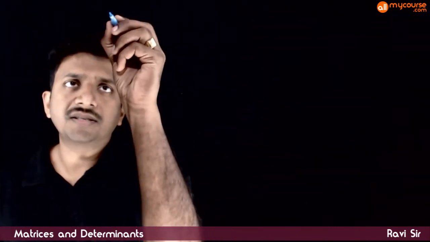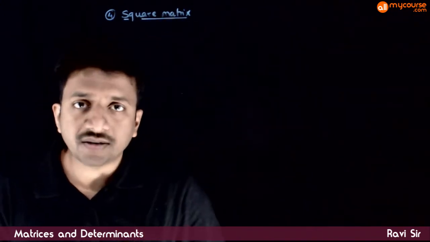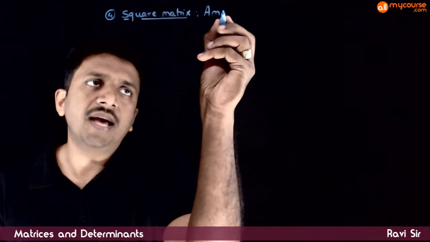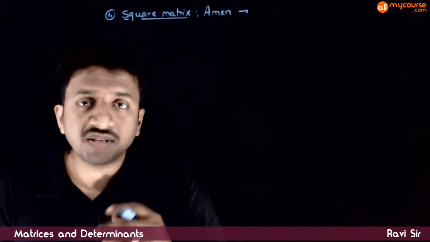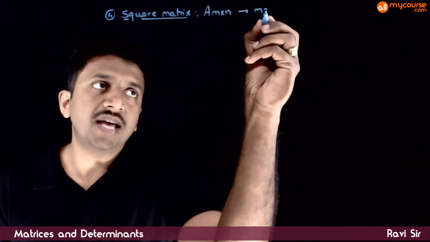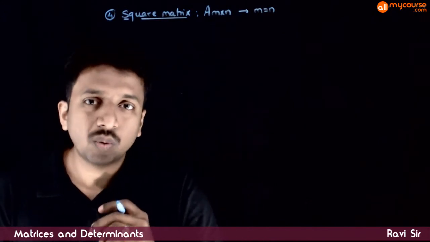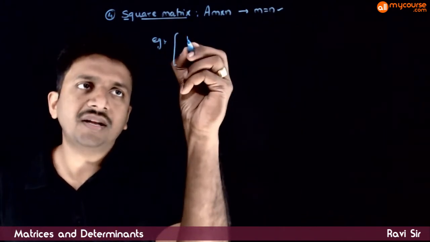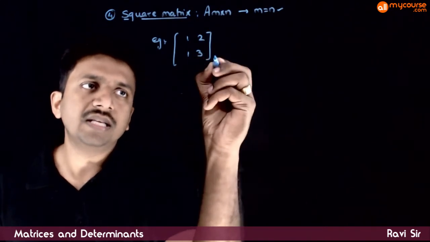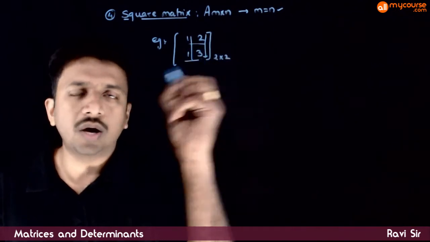The next type of matrix is called a square matrix. We have already seen what a square matrix is. If A is an m by n matrix, and the number of rows is equal to the number of columns, then it is called a square matrix. That is, m is equal to n. For example, if you have a matrix 1, 2, 1, 3, this is a 2 by 2 matrix, right? 2 rows and 2 columns.